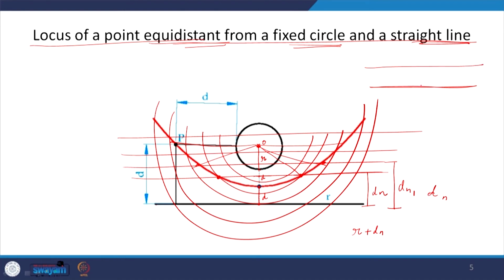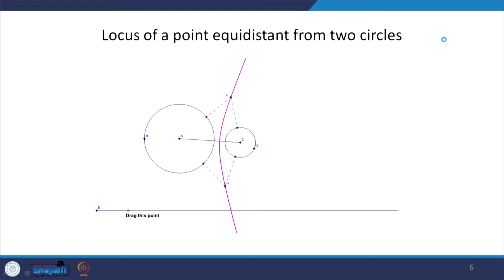In case this line is a curve, not a straight line, the locus of a point which is equidistant from this curve will be a concentric curve having the same center. These two are basics which we have to remember, and then with the help of these, by drawing concentric circles or parallel lines, we should be able to achieve any given condition which is incorporating some given distance from a fixed circle and a fixed straight line.